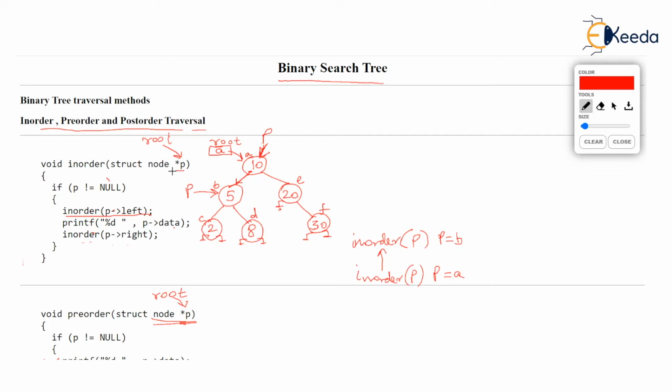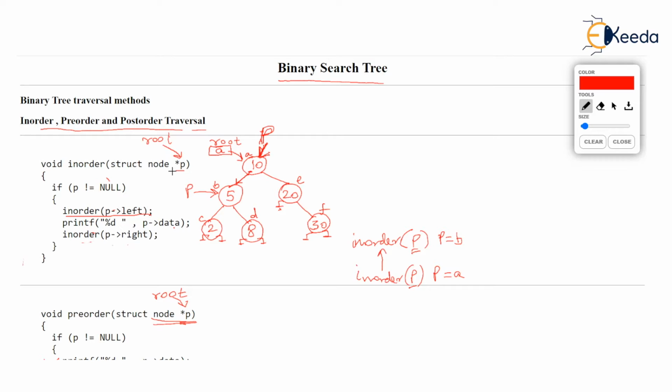Recursion states that now there will be a new parameter called P, and the earlier parameter P which is pointing to 10 is still alive. This pointer is not deleted, and we have got a new pointer P which points to 5, because pointer P is local to every function. Whenever a function starts, it will create its own pointer parameter P. So one pointer is at B and another is at A, but in different functions. Please try to understand that.